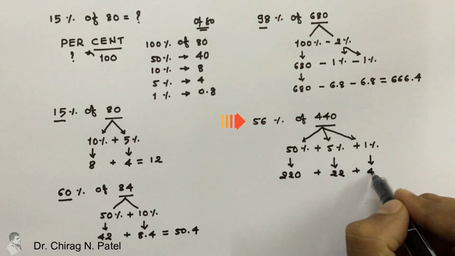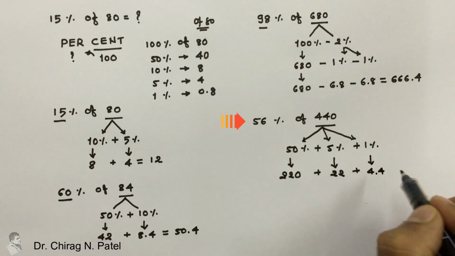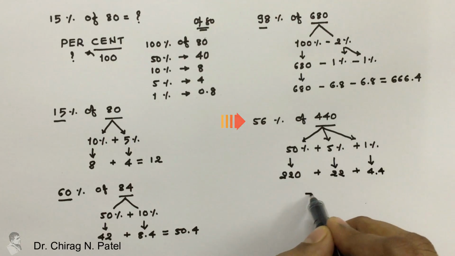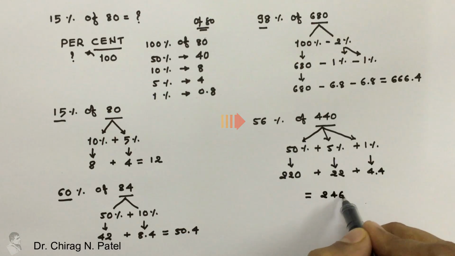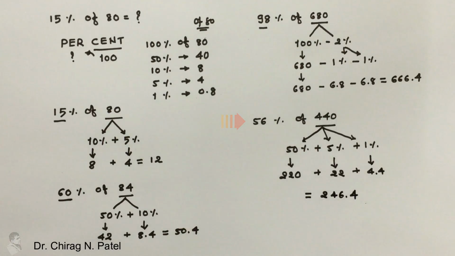That is 4.4. So here the answer of this is equal to 246.4. So now this is the way where you find out any percentage of any value very easily.